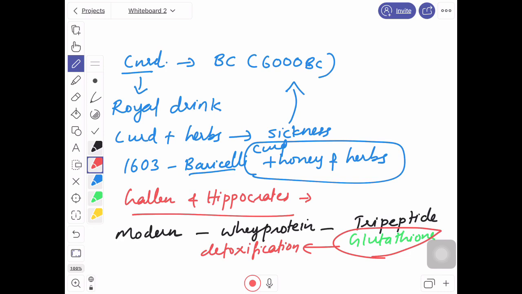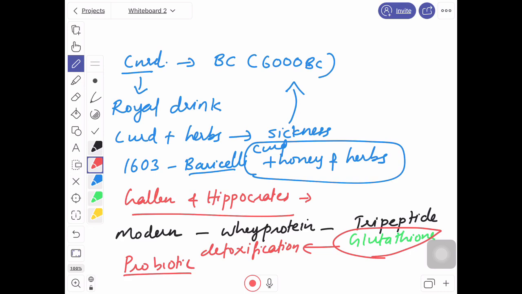And very recently now curd is used as a probiotic. Probiotics are administered along with some antibiotics. Orally they are consumed and they contain a lot of beneficial bacteria which increase our intestinal flora, and that goes and colonizes in our intestines, and they also help in improving our digestion, and they also give a lot of medicinal effect.